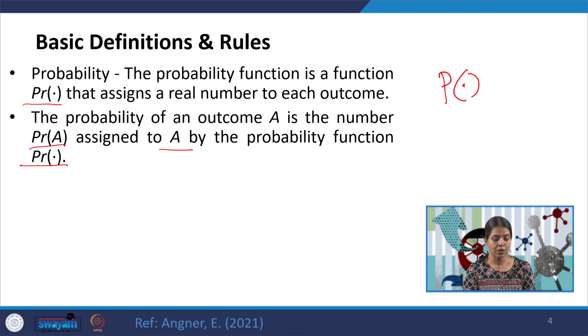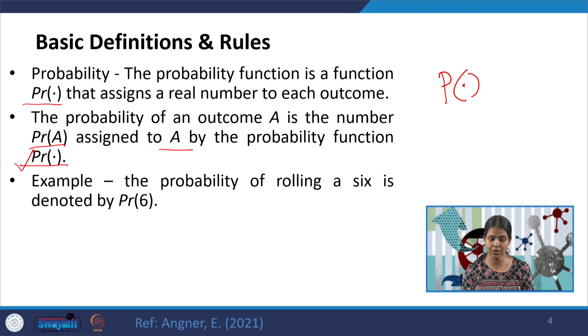So, we at times need to talk about probability functions, but otherwise the probability values could at times be obvious also. If we take an example, the probability of rolling a 6 is denoted by PR(6). So, when I am rolling a fair dice, then the probability of a 6 coming up is denoted by PR(6).